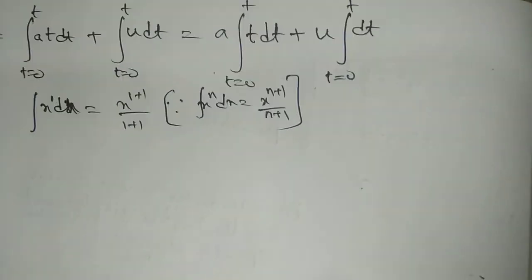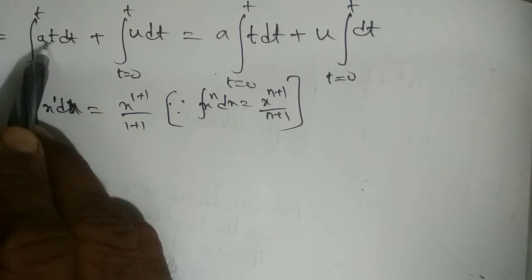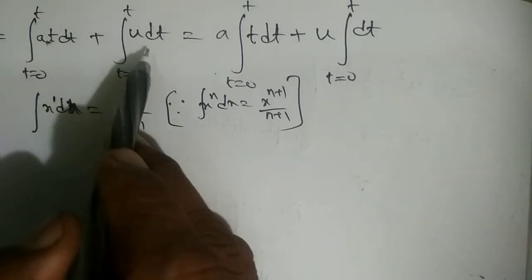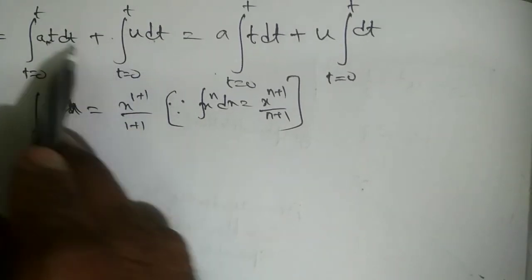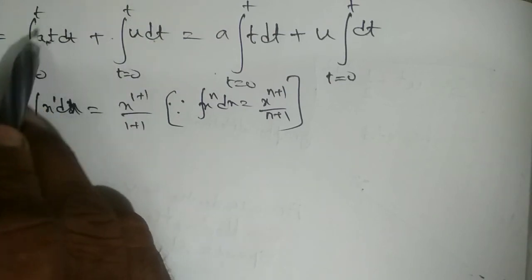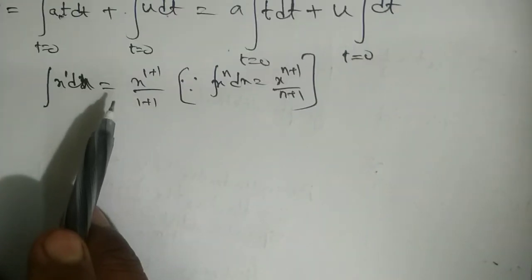Therefore, the same thing applies here. That's why I wrote the first term in second and second term in the first, so that this is a new thing. Earlier I only taught you that a constant can come out and integral dt was t. But I didn't teach you this, so I'm teaching you now. Okay, does it make sense?